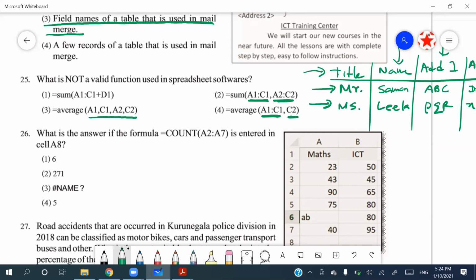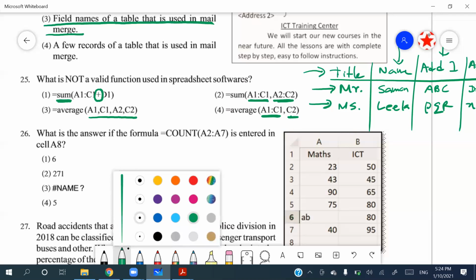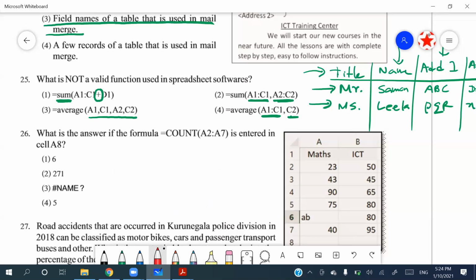And then the first one has the problem of using the plus operator. We can't use the plus operator when a range is given, because the operation of plus is done by the function. So this is the incorrect way of representing the function, which is going to be the answer.